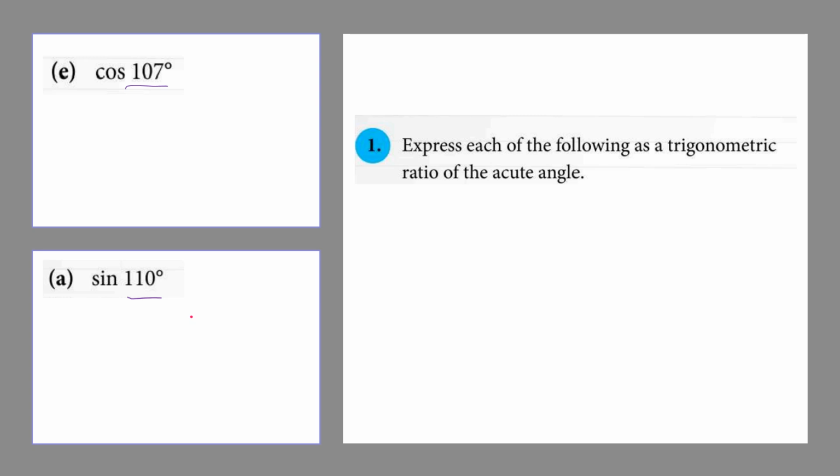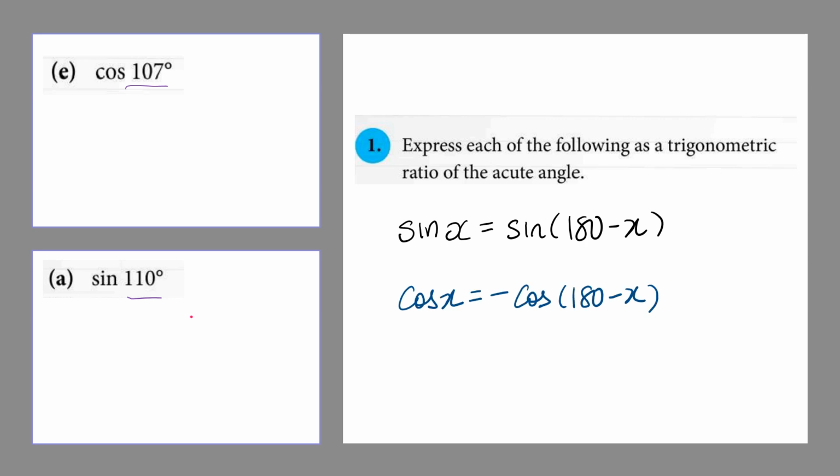First things first, let's write down what we have learned earlier on. We learned that the ratio for sine x is the same as the ratio for sine (180 minus x). The ratio for cosine x is the negative of cosine (180 minus x).